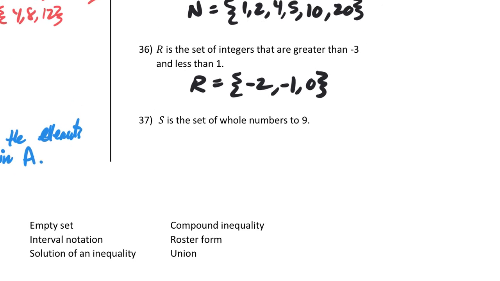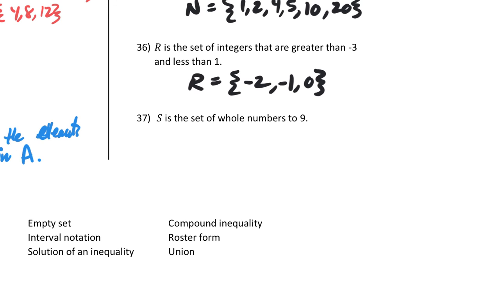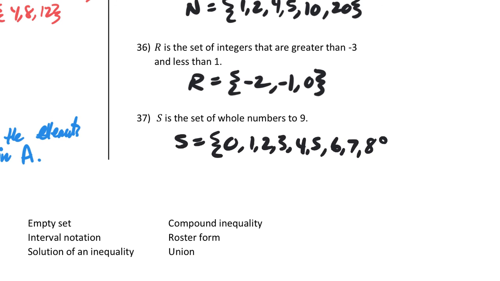And then S is a set of whole numbers to 9. Okay, so S is the set of whole numbers. Whole numbers start with 0 and 1, 2, 3, 4, 5, 6, 7, 8, 9. And there we go. That is the end of all the stuff you got to know for this upcoming test. Good luck to you.